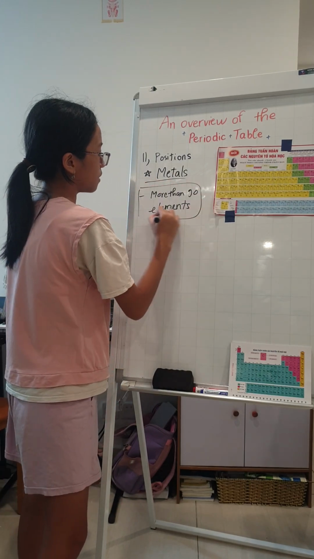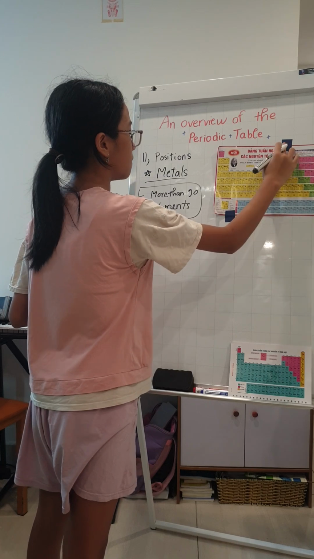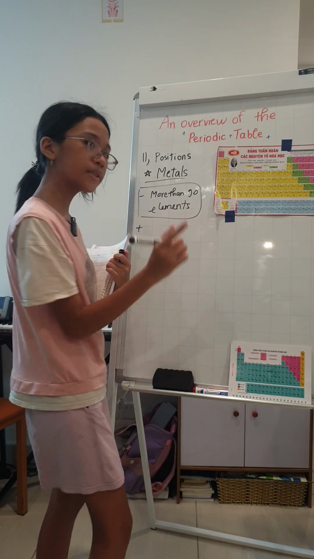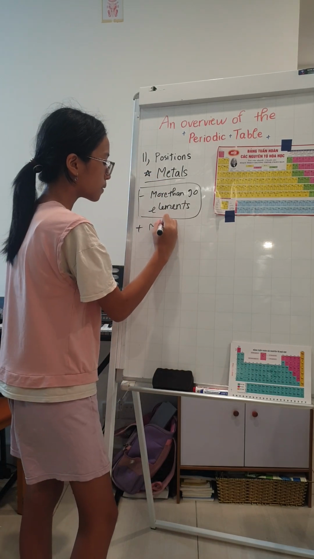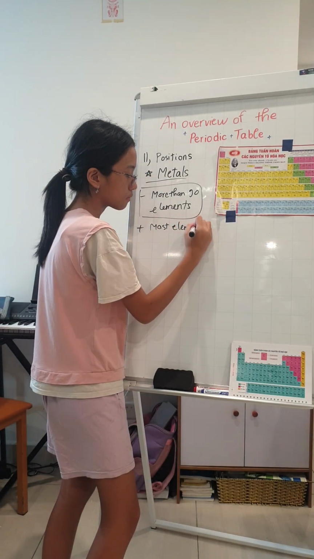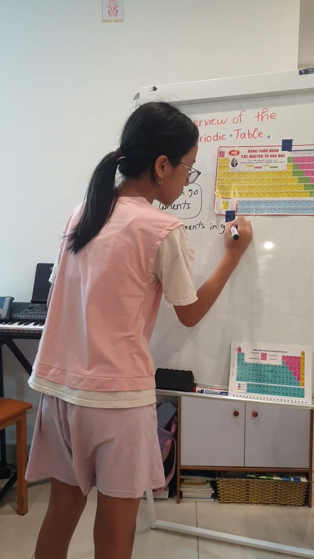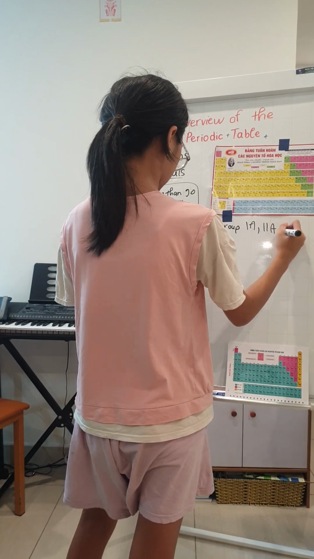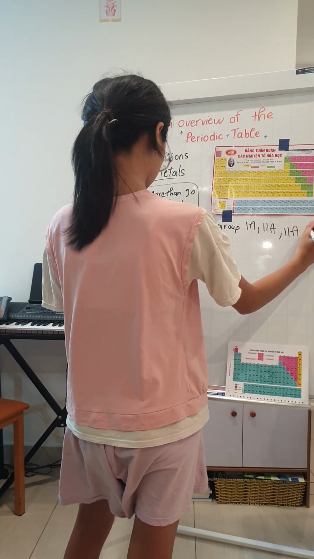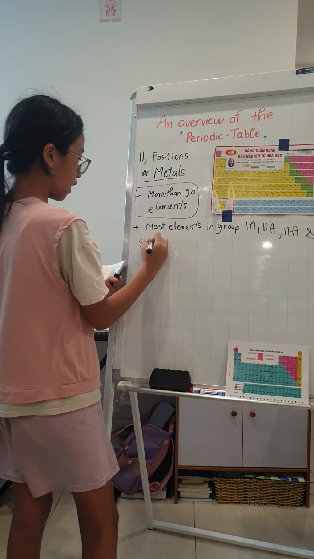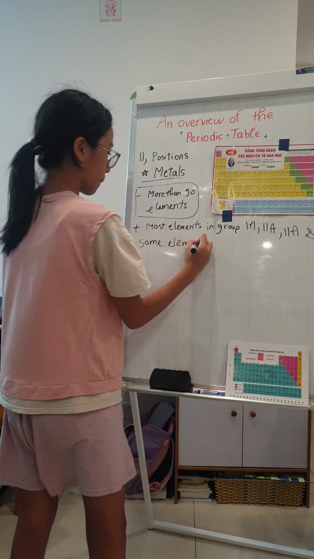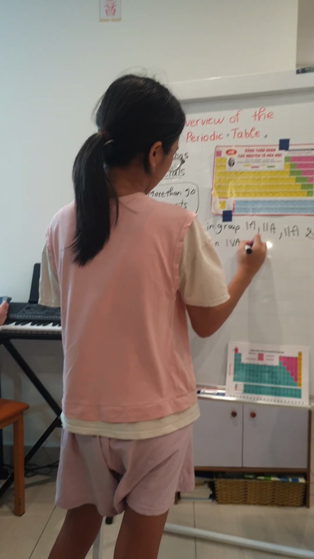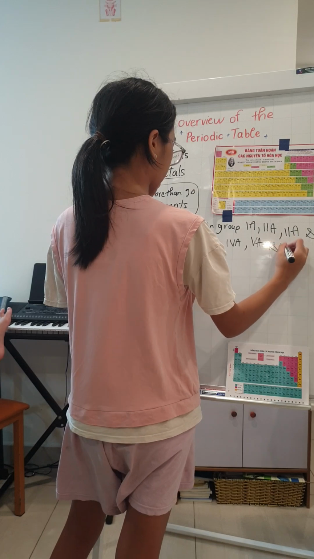Among the chemical elements, metals include most elements in group 1A, 2A, 3A, and also some few elements in 4A, 5A, and 6A.